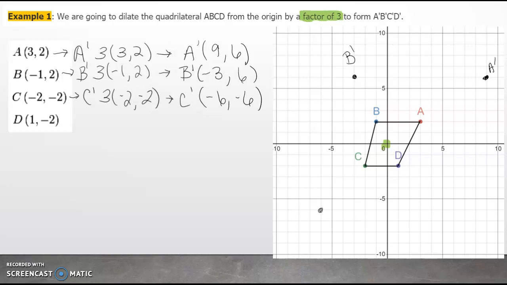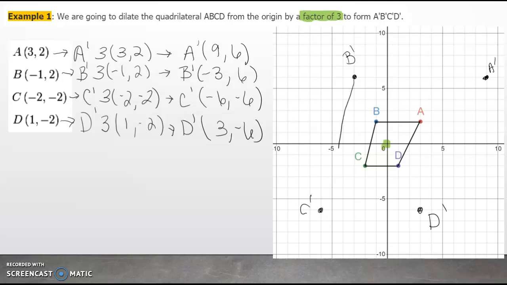So left 6 and down 6 for C prime. And then the last point, D, multiply D by 3 in order to get D prime at 3, negative 6. And if we connect those points, we see that we just dilated our original quadrilateral ABCD by a factor of 3. So this was an example of an enlargement.